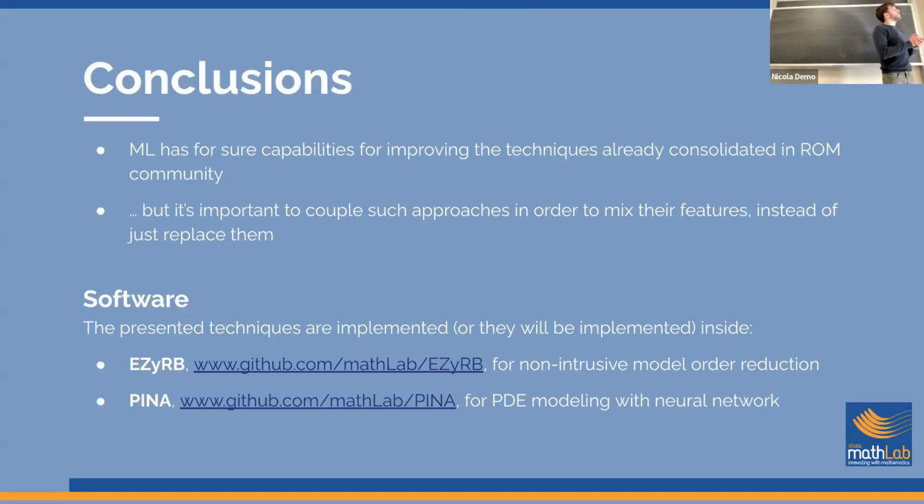So the last take-home message is, I showed here three different examples of how machine learning and reduced order modeling can be integrated. But the very important message, in my opinion, is to try not to just replace what you did in your previous experience. We are a ROM-based group, let's say. We work a lot with the POD. Basically, all the numerical groups in the world have worked a lot with the POD in the last 10 years, more or less, especially because at the applied level it is a very nice tool to have low-cost simulation.